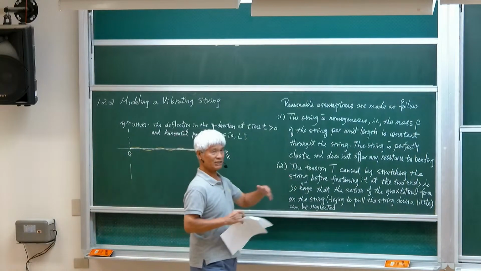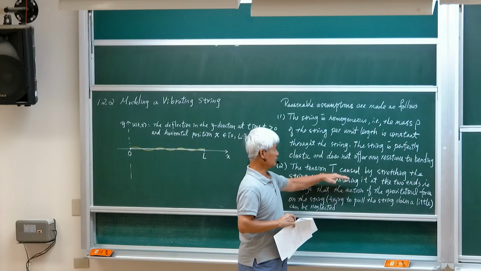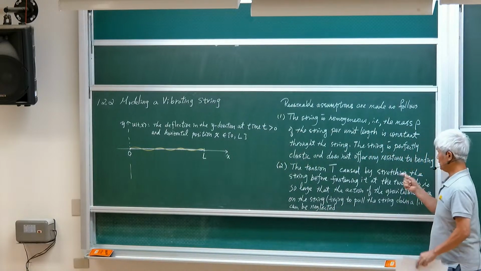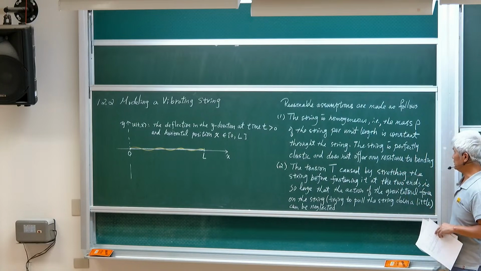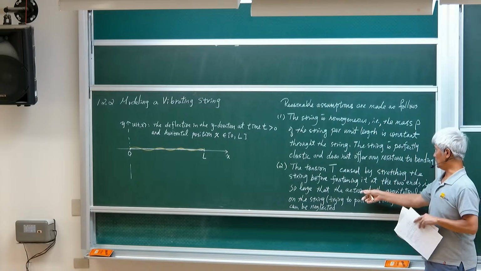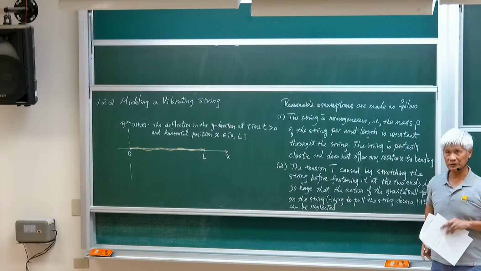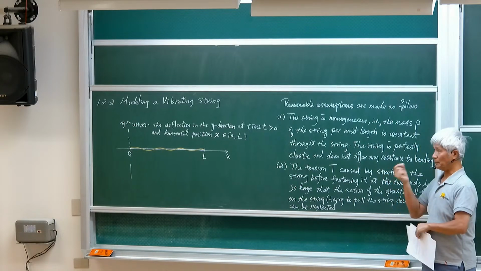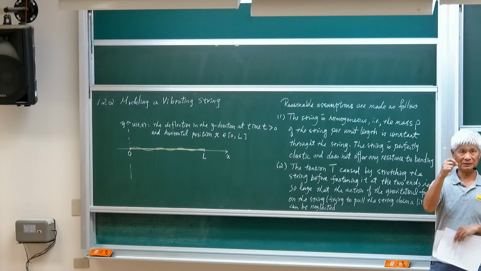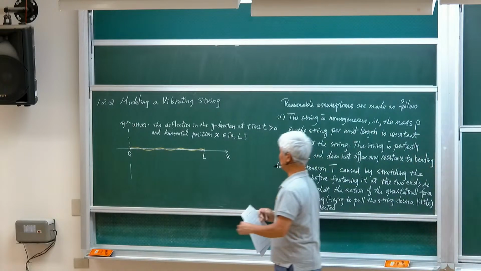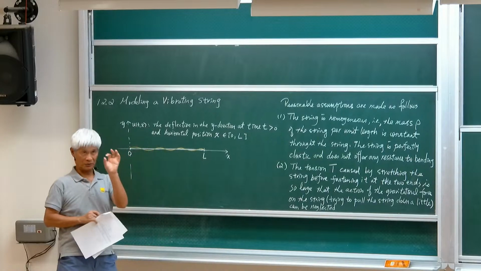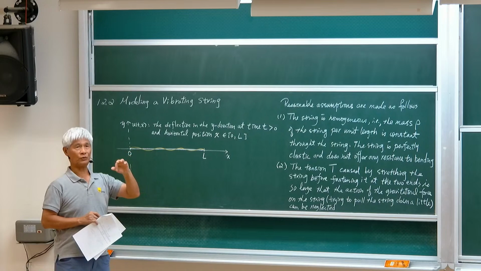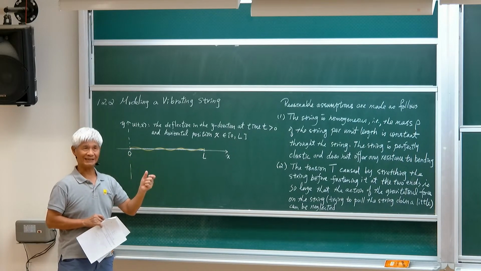And so you have the tension, and we assume the tension is relatively big compared to the gravitational force. The gravitational force is proportional to the mass of the string, and usually because the mass of the string is so small, the gravitational force will be small compared with the tension.